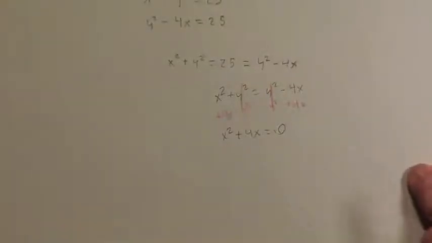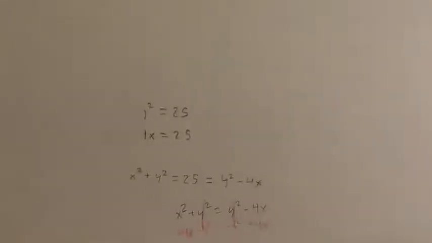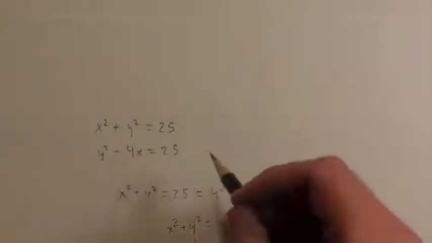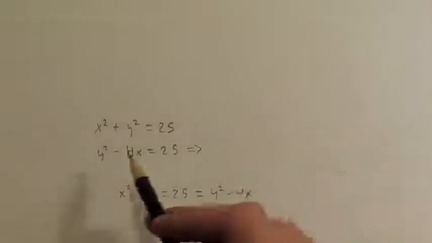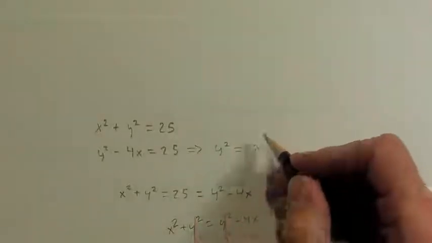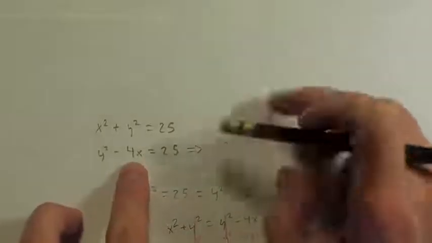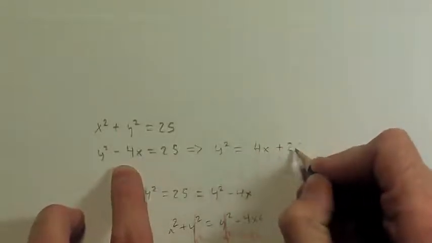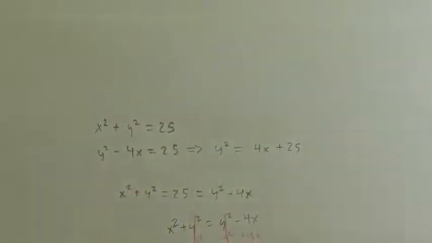Okay, and some of you may have even thought, well, hang on, maybe I can use substitution in a different way. If y squared minus 4x is equal to 25, then if I move the 4x over, I get 4x plus 25 is equal to y squared.